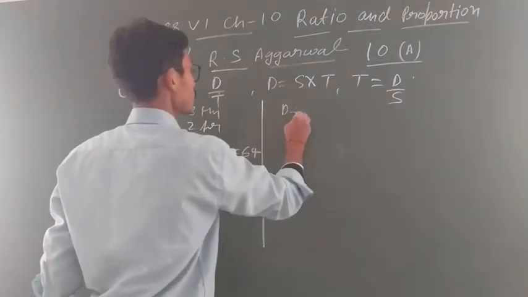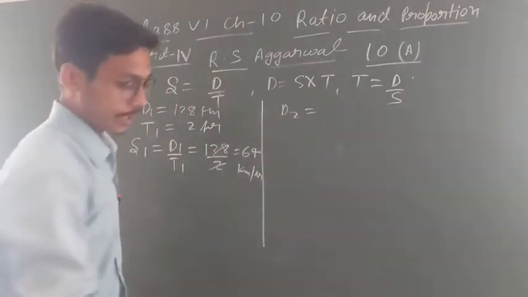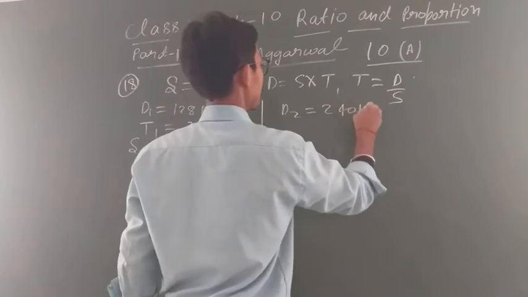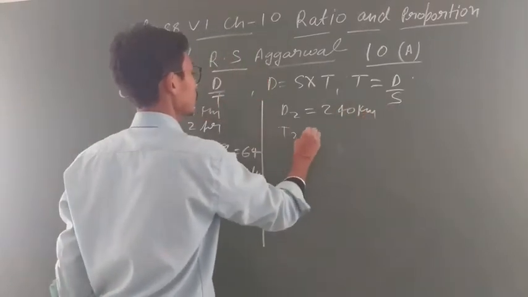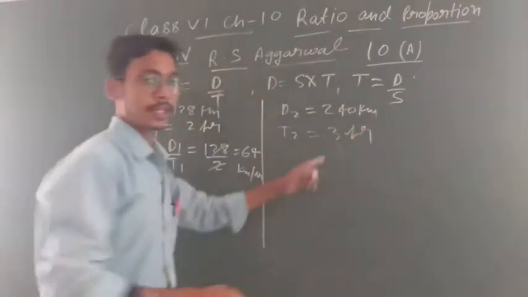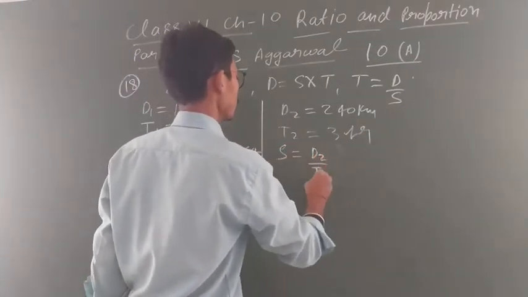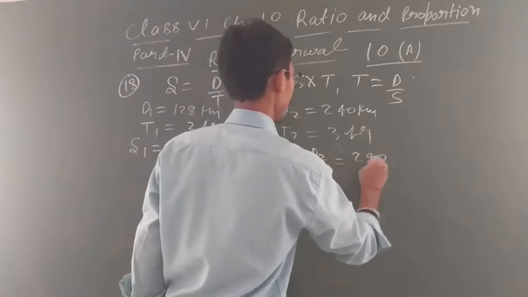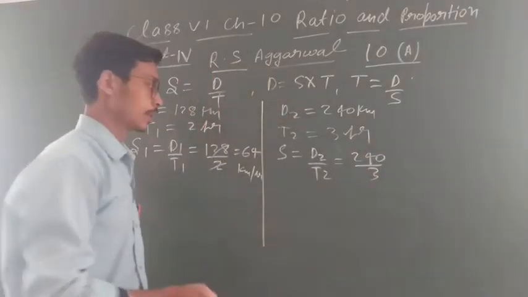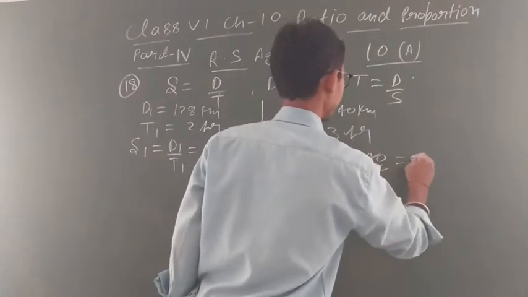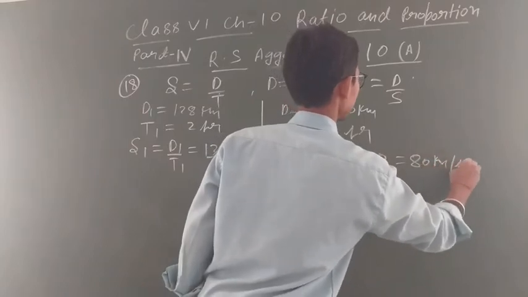Similarly, distance is given 240 kilometer. Time 2 is given 3 hours. This is all given in your book. So speed equal to d2 upon t2, that is 240 upon 3. Clear? This is 80 kilometer per hour.